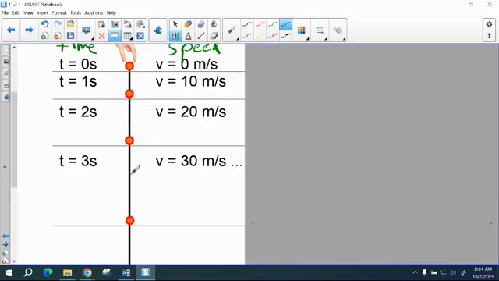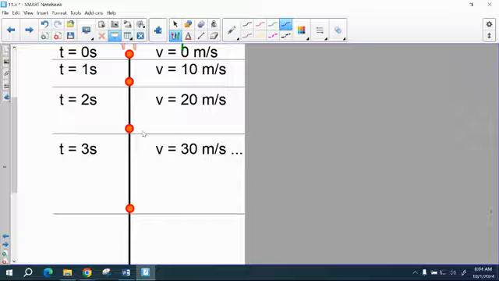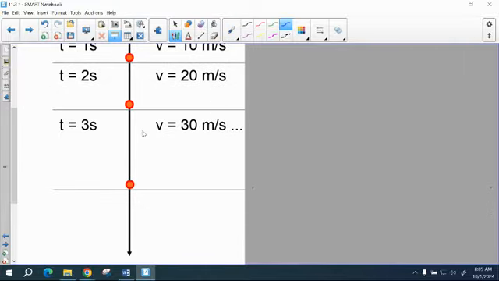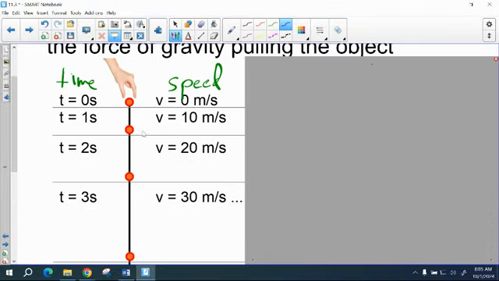So the displacement is greater, 3 times greater than the first second, right? So then what, if you were to guess, at 4 seconds, what do you think the velocity would be if you followed the pattern? 40. Good, thanks. So that's what we're going to try to figure out, okay?